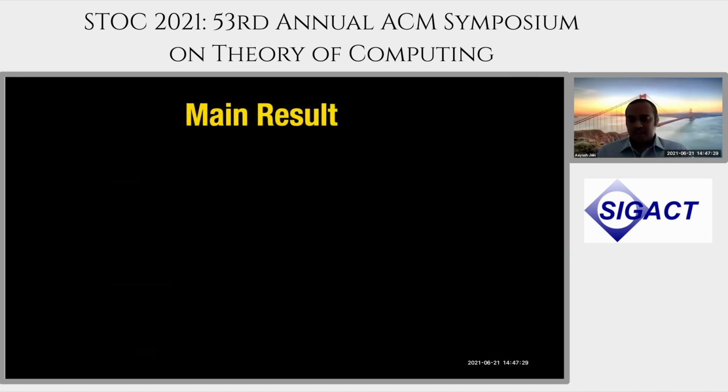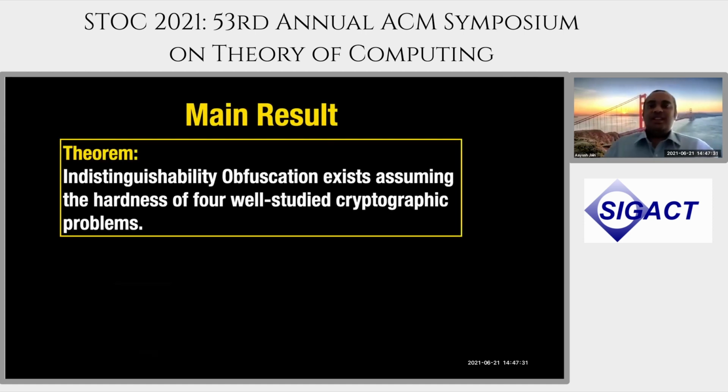So here is our main theorem finally. What we show in this work is that you can construct indistinguishability obfuscation whose security rests upon hardness of 4 well-studied cryptographic problems. Put another way, think of it as there are 4 well-studied cryptographic problems which have been there for a long time. People have looked at them.